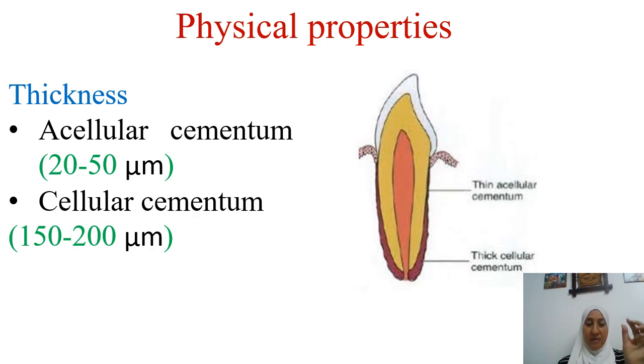The cementum type toward the cervical area is called acellular cementum and could extend a little to the middle or apical third of the root, while the cellular cementum mostly exists at the apical part of the root. The thickness is about 20 to 50 micrometers at the area of acellular cementum cervically, while cellular cementum increases in thickness to about 150 to 200 micrometers.